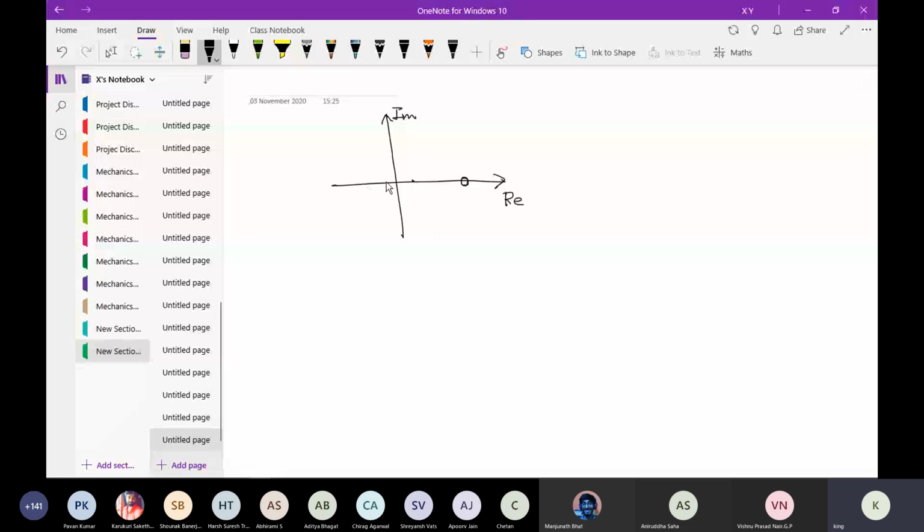But the basic thing is, on which side of the 0 do I have my S? For the 0, what will be its argument?